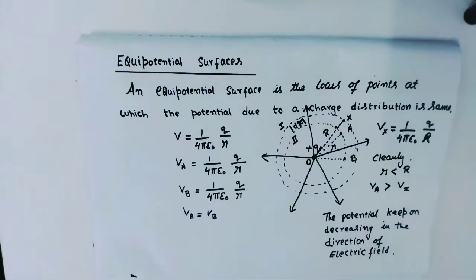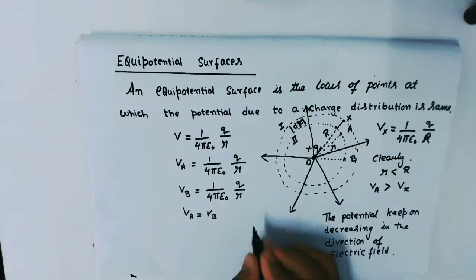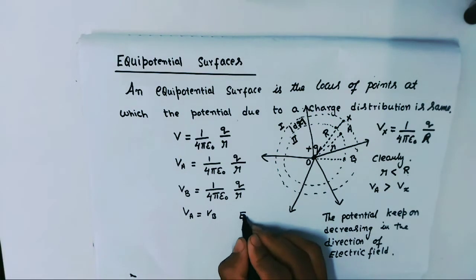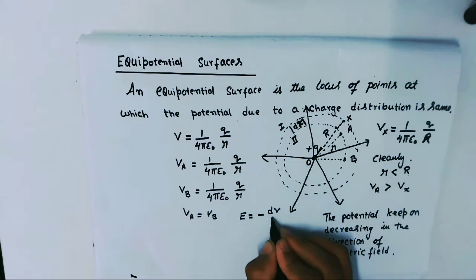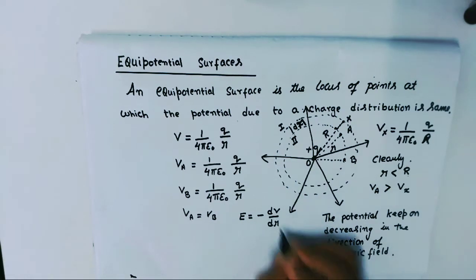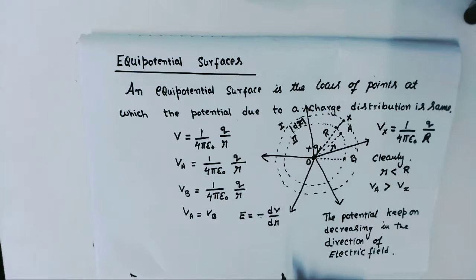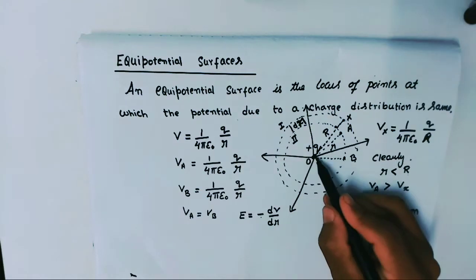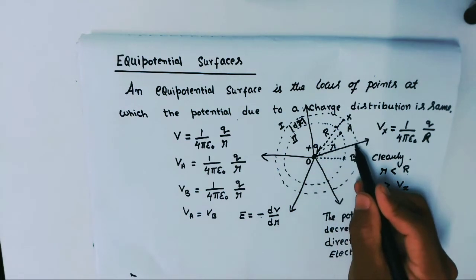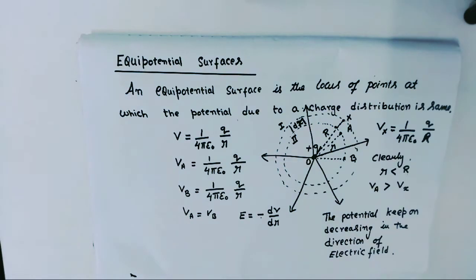We have discussed earlier that the electric field is equivalent to minus dV by dr. The negative sign indicates that as R increases, V decreases. That means as we move away from this point O, the potential keeps on decreasing.